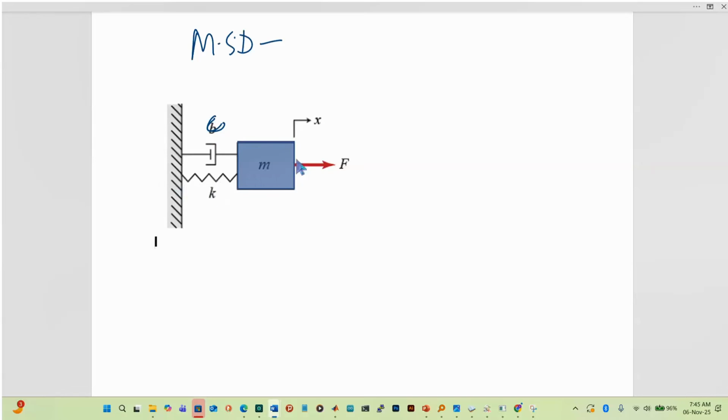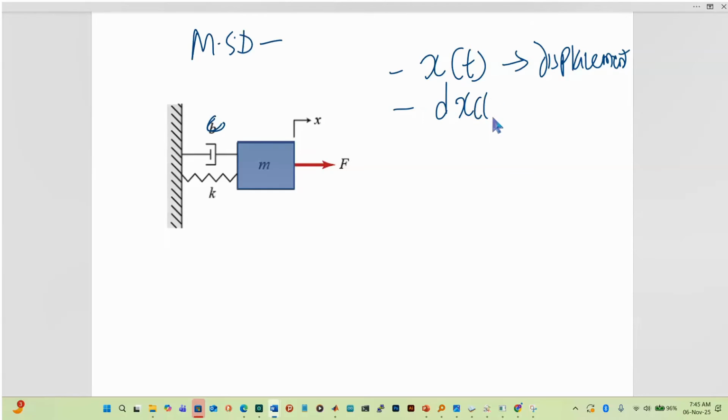When you apply a force, either by compressing or by extending, we shall have a displacement x. So x of t is actually going to be displacement. Now you realize that when you have displacement, we shall also talk about dx by dt.